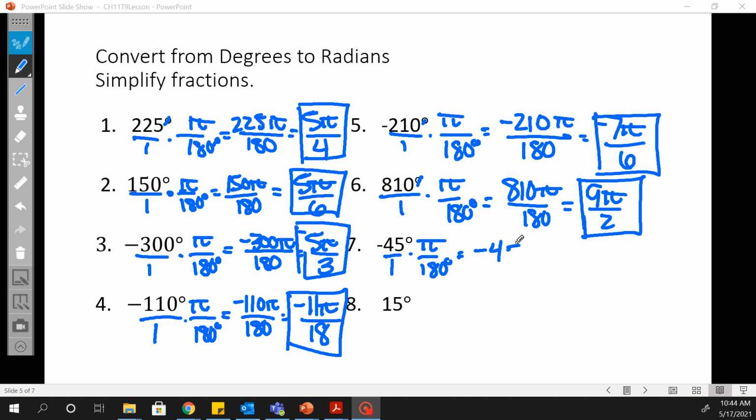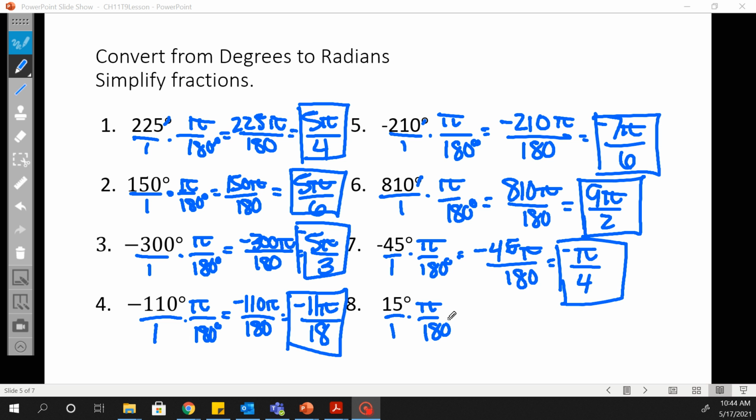We got negative 45 pi over 180, and I'll simplify that. So negative pi over 4. Then 15 over 1 times pi over 180. The degrees cancel, so I get 15 pi over 180. And I'll simplify that. So that's pi over 12.